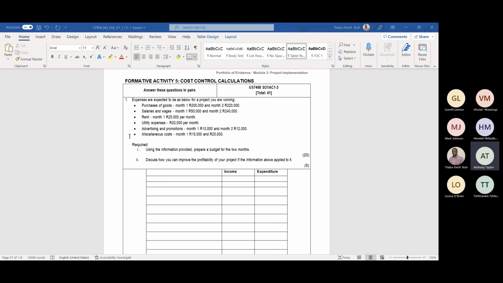Okay, I think we need to work out what the budget will be before we know how much to charge for that project. Oh, so maybe one is dependent on the other. So if we know what the expenses are, we could know what we need as funding. Exactly. Okay, I'm with you, Mark.